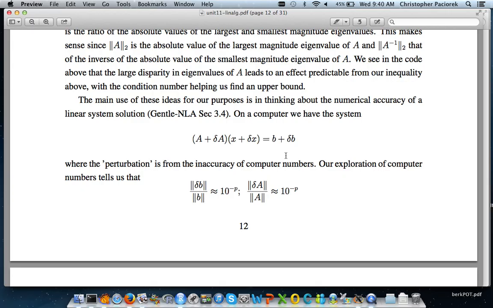Okay, so where am I here? Okay, so the idea is let's work through this in some detail to see what we get for this loss of precision that I've been mentioning.